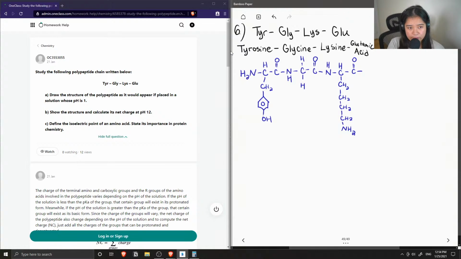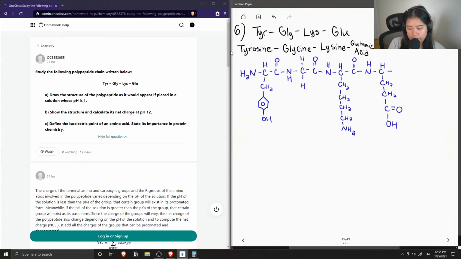And then finally, we'll draw glutamic acid. So this is its amine group, its carbon, and then it has a 3-carbon chain. And the reason why it's glutamic acid is because it contains a carboxylic acid at the end, like so.